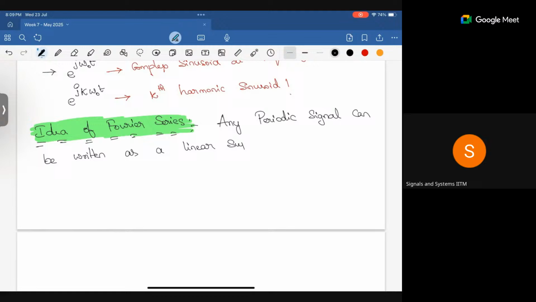So linear superposition is nothing but the summation of some coefficients multiplied with these harmonic sinusoids.